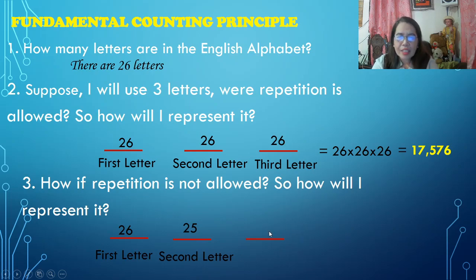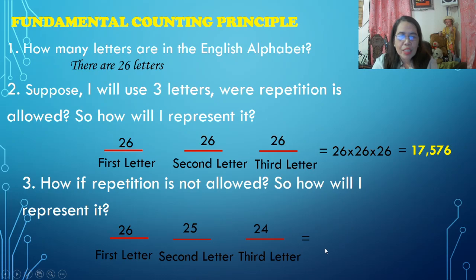Next, sa third letter, nagamit ko na ang A. Nagamit ko na yung B. Pwede ko pa bang gamitin siya sa third letter? So, hindi na. Kasi nga, not allowed. So, in short, 25 minus 1, 24 na lang. So, this will be the third letter. Yun po ang kaibahan. Pag may nakikita kayong question about repetition is allowed, repetition is not allowed, ganun lang po ang gagawin natin.